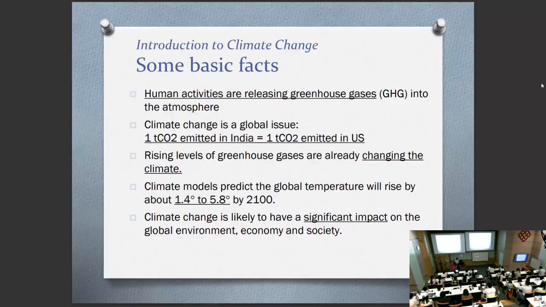Climate change is a global issue. One ton of carbon dioxide emitted in India is the same as releasing one ton of carbon dioxide in the US.